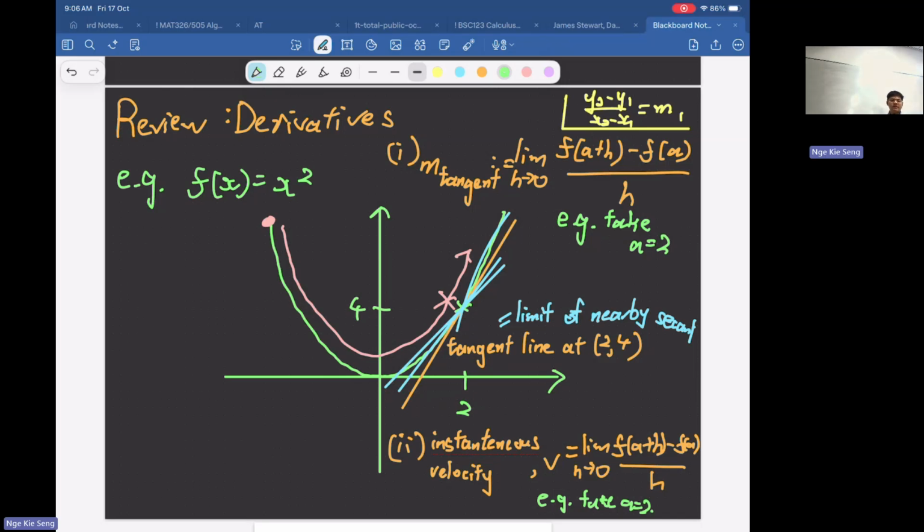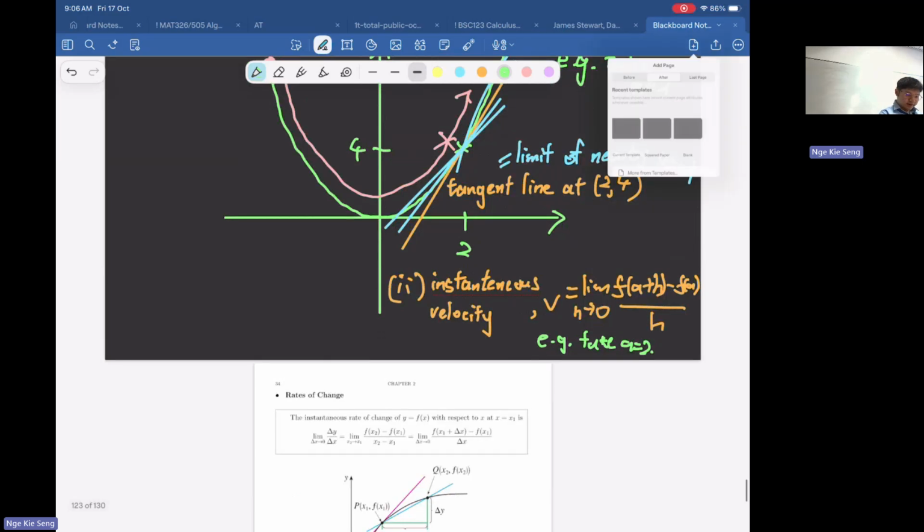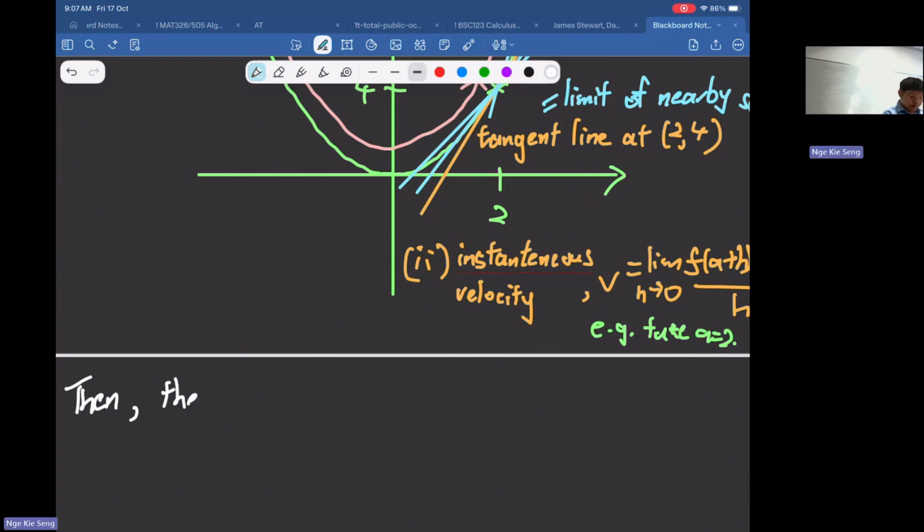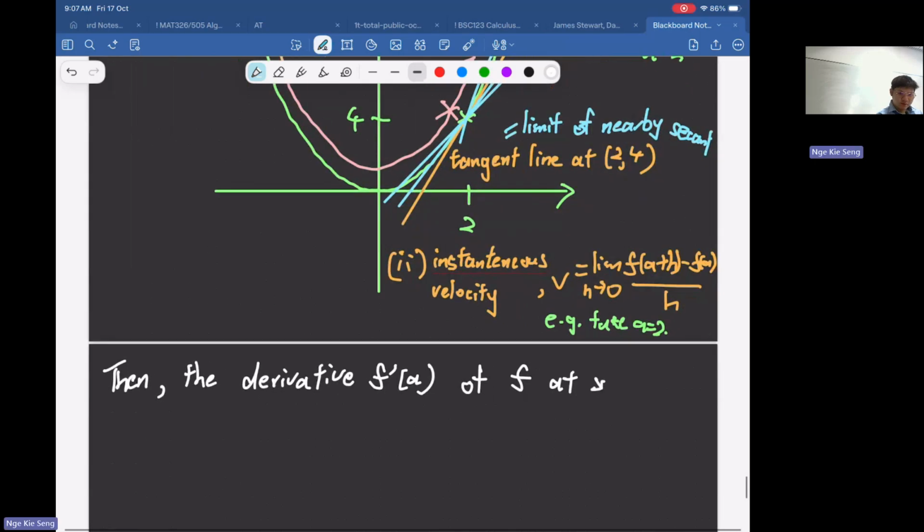Since this definition is very useful, we will call this the derivative. Then the derivative f prime of a, of f at x equals a, is just this limit of the new function that we define now.